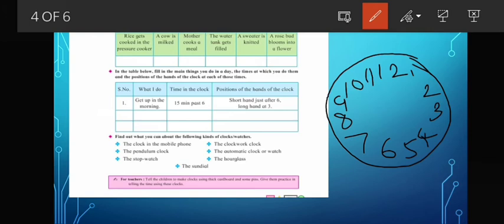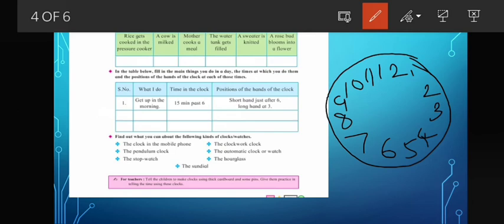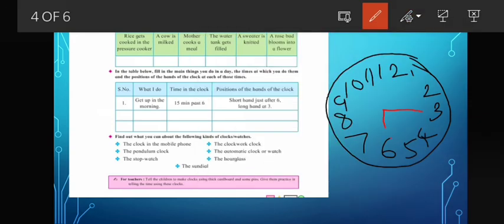Now, short hand just after 6 and long hand at 3, because it's 15 minutes past 6. So the short hand is at 6 and the long hand is at 3, because 5, 10, 15. Correct? So it is 15 minutes past 6.